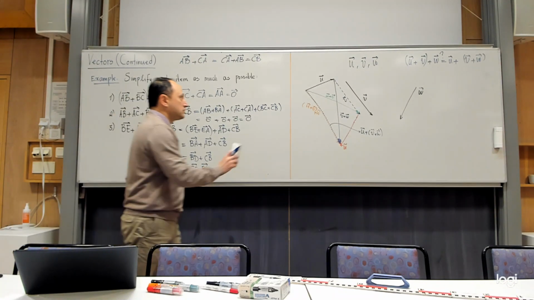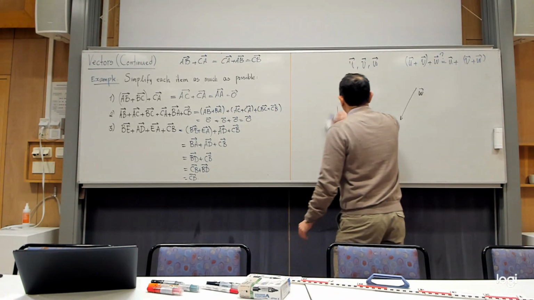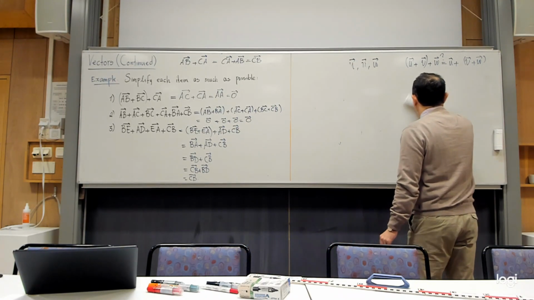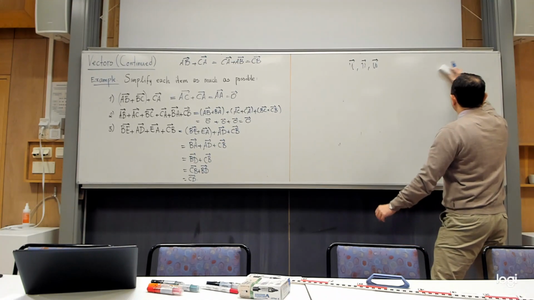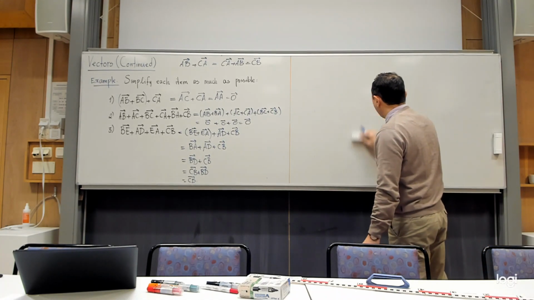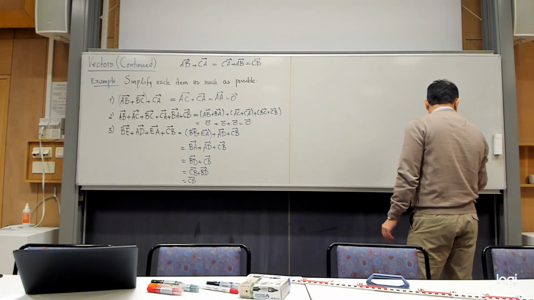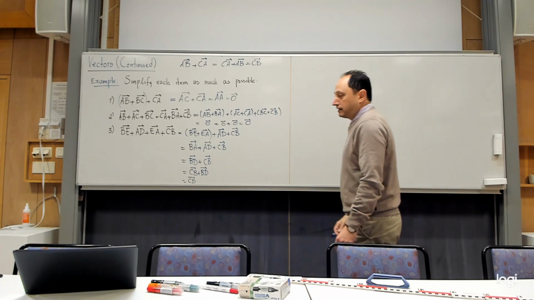Here, the way that we define addition of vectors sometimes is called the triangle method.